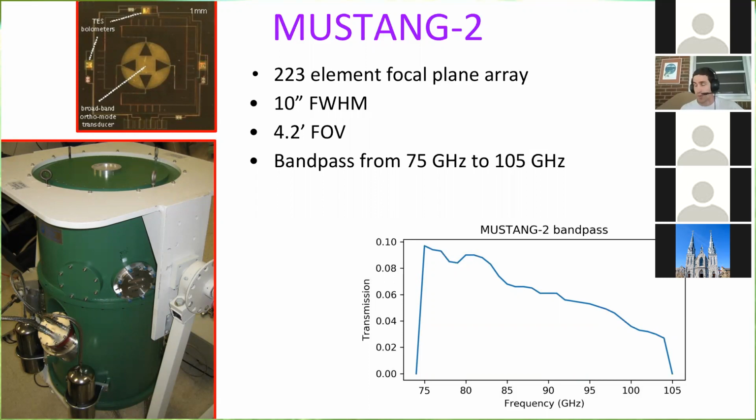The bandpass response, including Ruze efficiency of the GBT, is shown in the lower right there. And then attributes in terms of angular resolution and instantaneous field of view are given here, roughly 10 arc second resolution and a little over 4 arc minute instantaneous field of view.